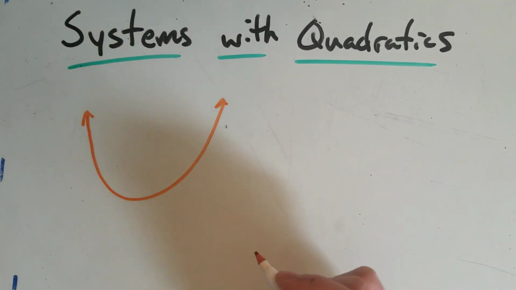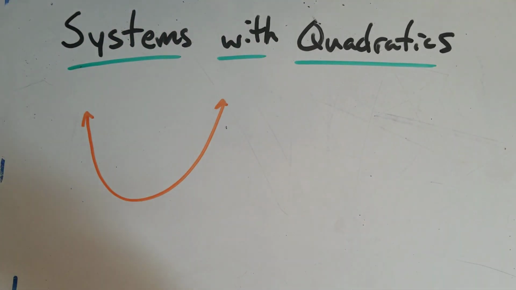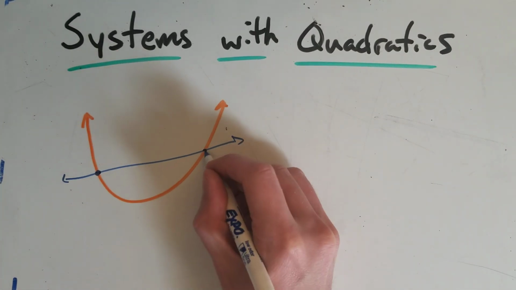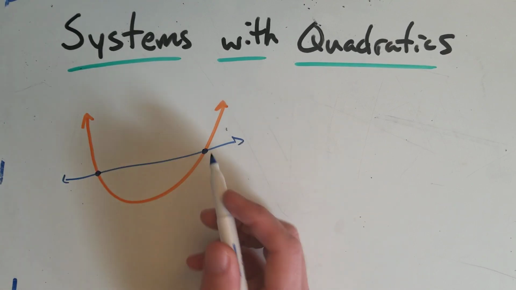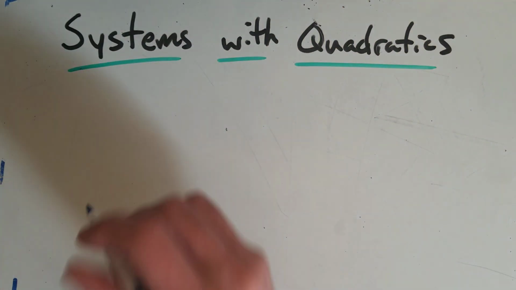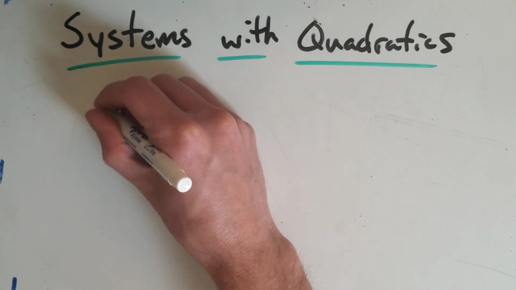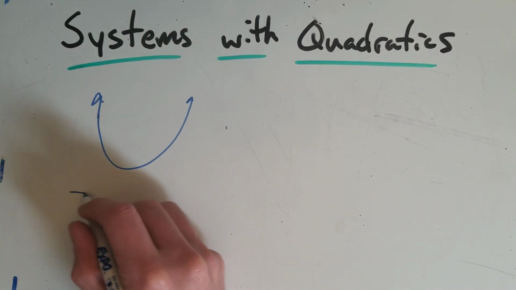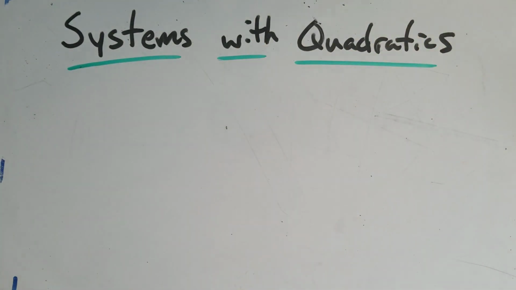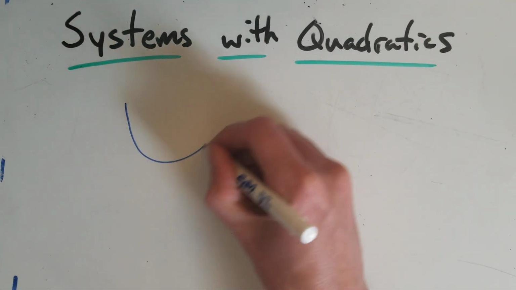But now with quadratics involved, you're going to have a quadratic and you're going to have different possibilities now. Like the possibility that you intersect the quadratic with a line at two different points. So there'll be a possibility to have two solutions to a system. We still will have the possibility to have no solution, say the line doesn't intersect with a quadratic, or the possibility of having one solution.